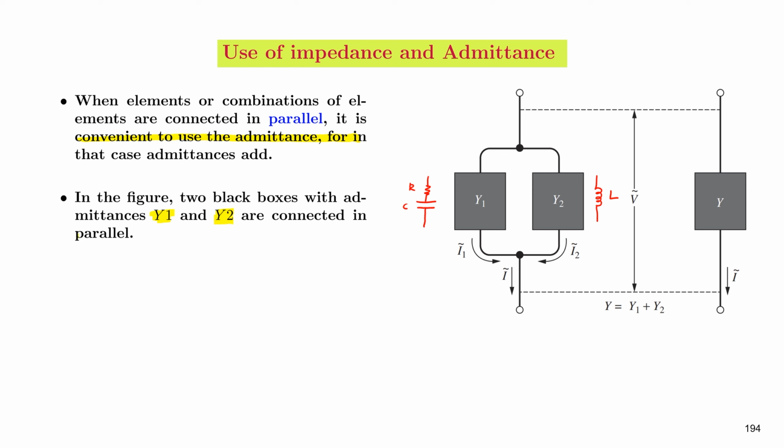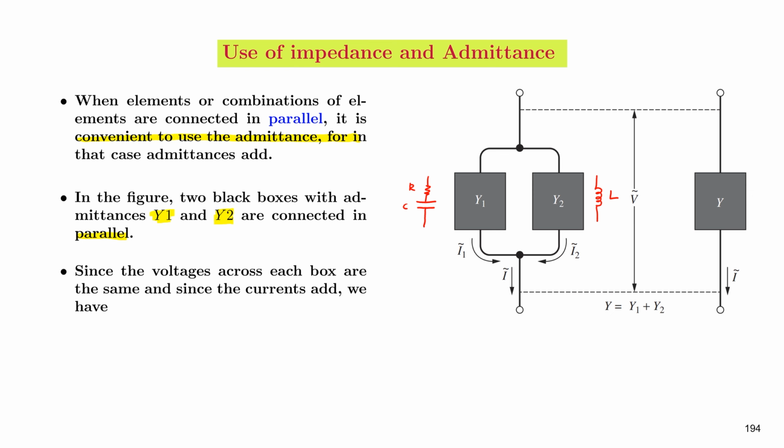And these boxes are connected in parallel. We find that the voltage across the two boxes is the same. If the current coming to the junction is I, the current flowing to the first box is I1, and the current flowing to the second box is I2.